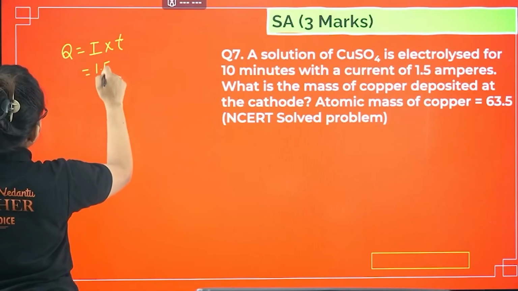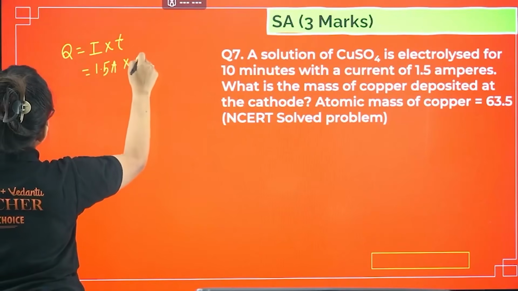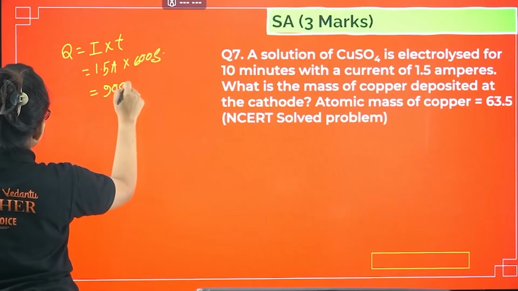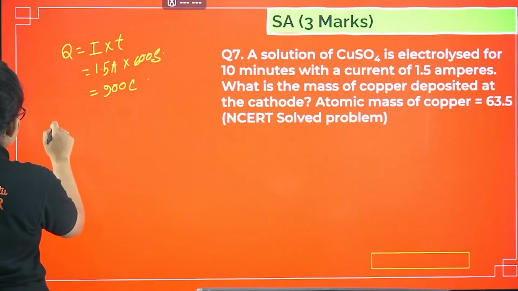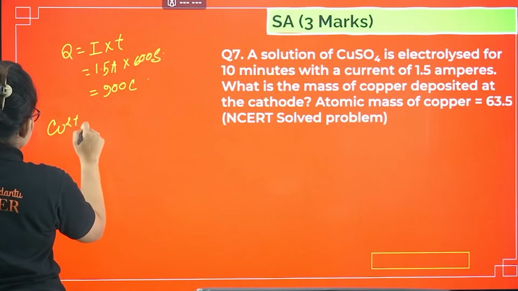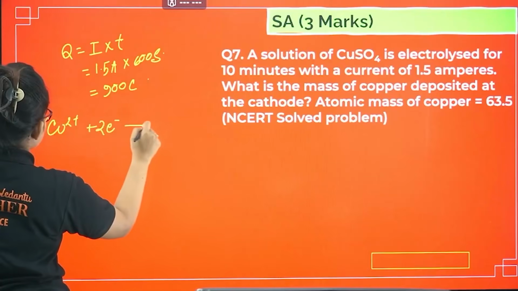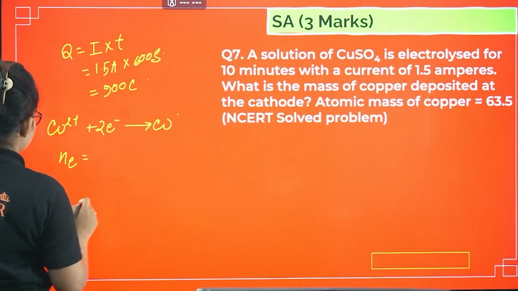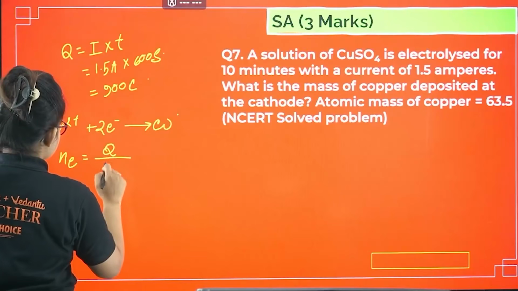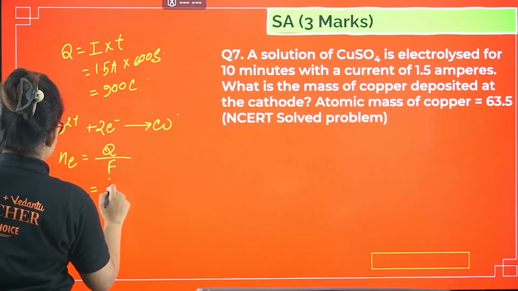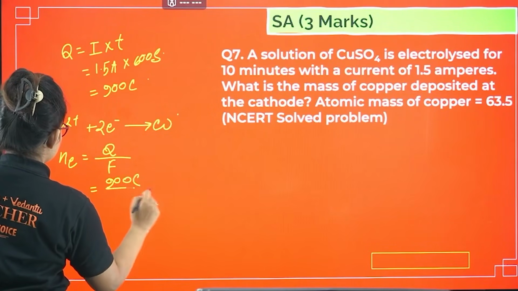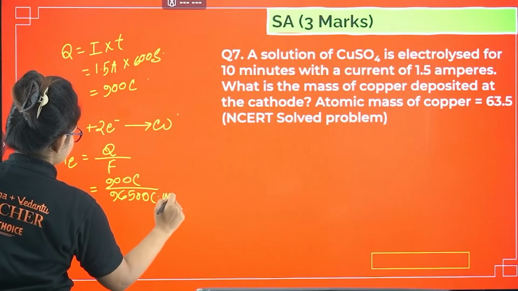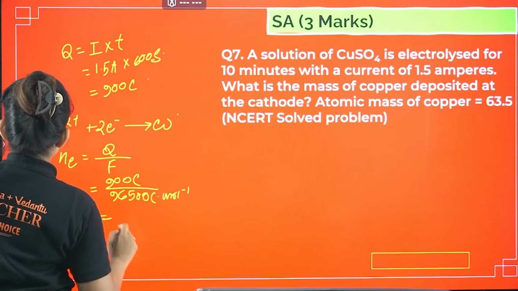So 1.5 ampere into 600 seconds gives you 900 coulomb. Now Cu2+ will take 2 electrons and be converted to Cu. The number of moles of electrons is charge divided by Faraday, so 900 coulomb divided by 96500 coulomb per mole.